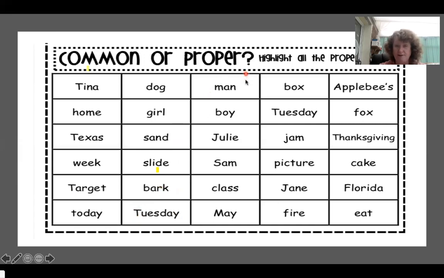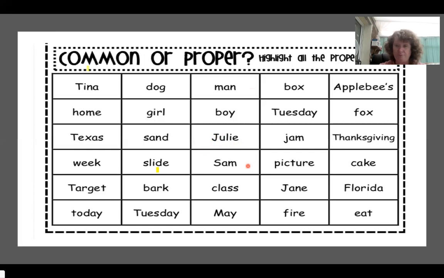Okay, let's try the next list. Man. Could be any man. Boy. That's just a common noun like this one. Julie. Julie is the name of a lady or a girl. And look, it's got a capital at the beginning. Julie.